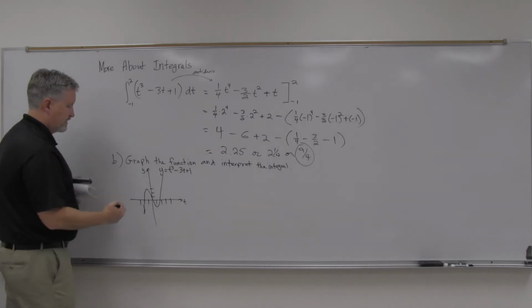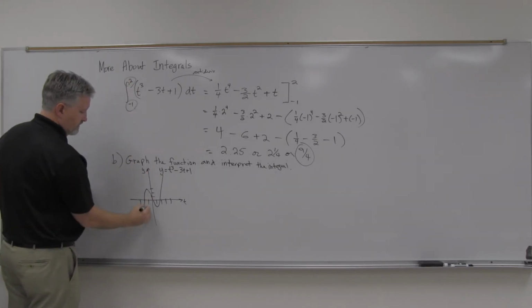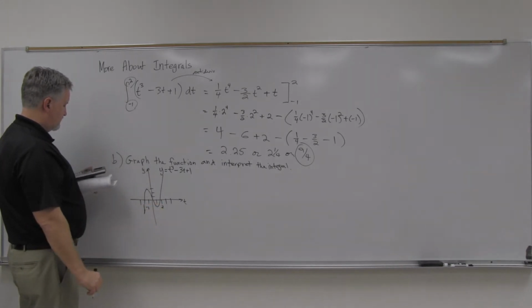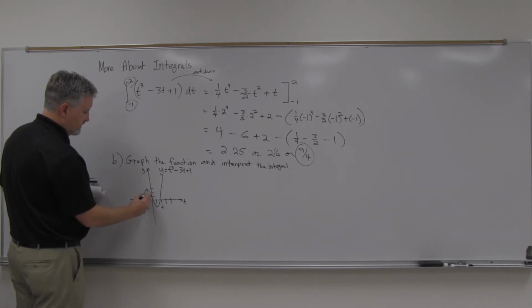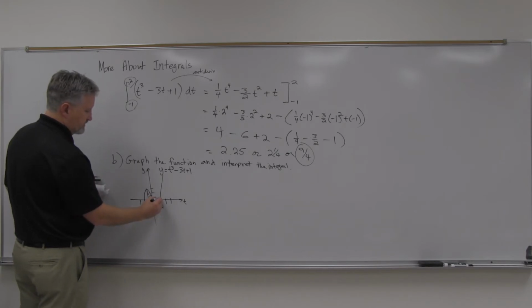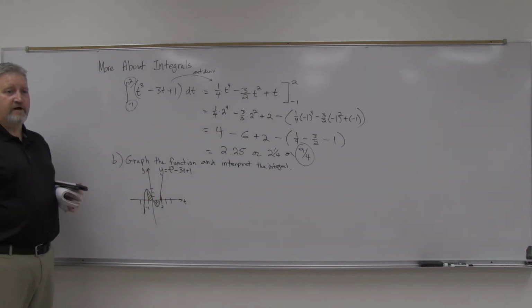In this case, we're going from -1 to +2. It's between the curve and the x-axis, so it'd be this area here, and then since we're going all the way over to 2, this area here. And then there's a little bit, because it goes just above the x-axis there. That's the area we're talking about.